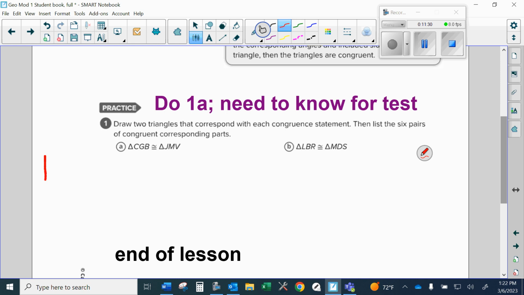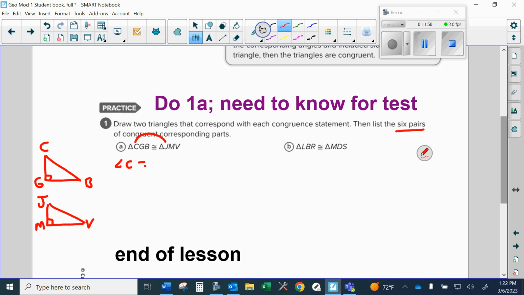So if I just draw 2 congruent triangles, make them right triangles, call them CGB and JMV. So 6 pairs of congruent corresponding parts. We have 3 angles and 3 sides. You have to list all of them. Remember, I can get the angles right there.